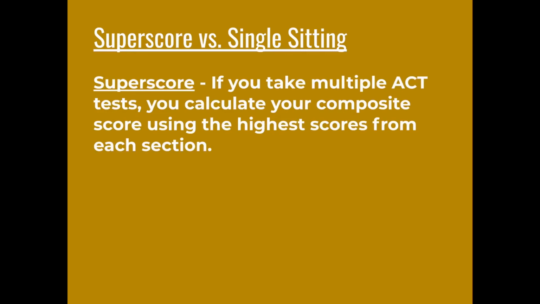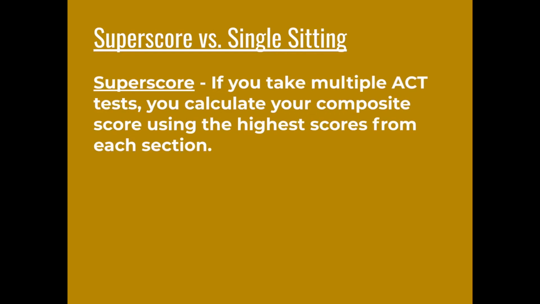You pull the highest score you got from each section, regardless of what sitting it was. That's calculated as your average, and that'll be your composite score. So this is a really high score of your abilities from all of the sittings. Some colleges do accept this, some don't.